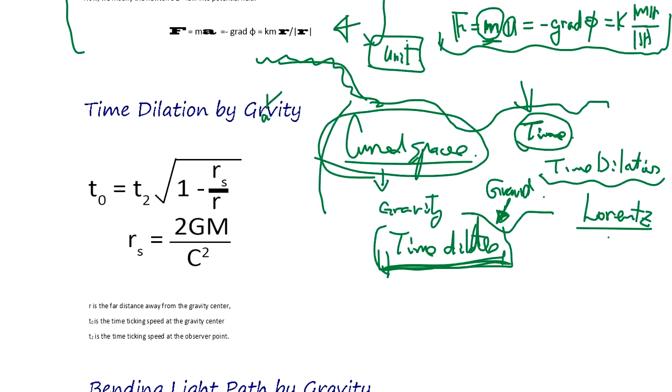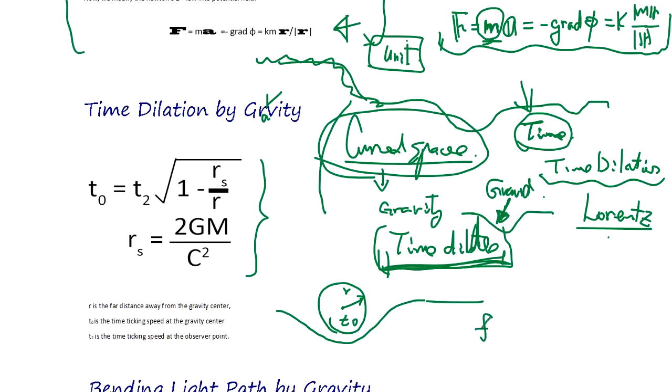Okay, so he estimated using his equation, and this is the result. R is the far distance away from the gravity center. If you have a gravity center, it's curved like that. T0 is the time ticking at the gravity center, and Ts, or T2, is frame 2 observing.